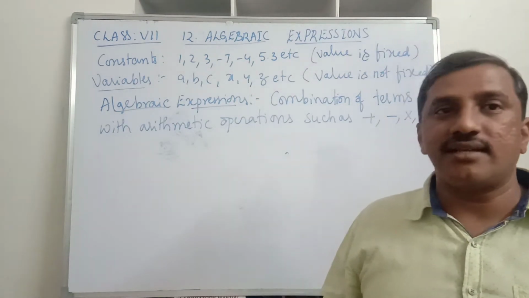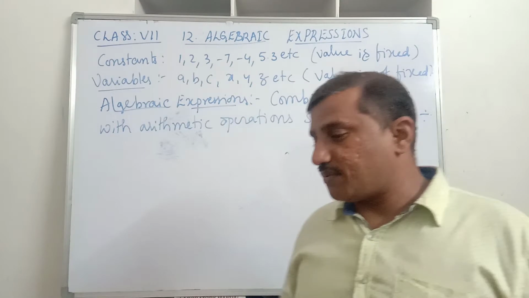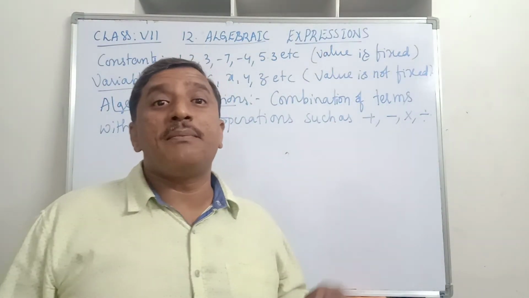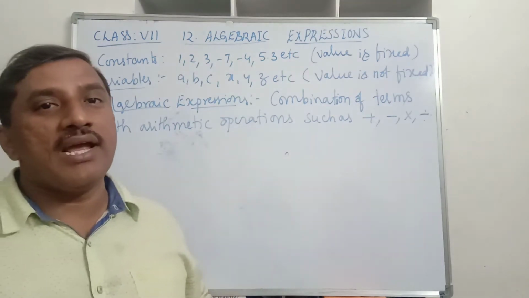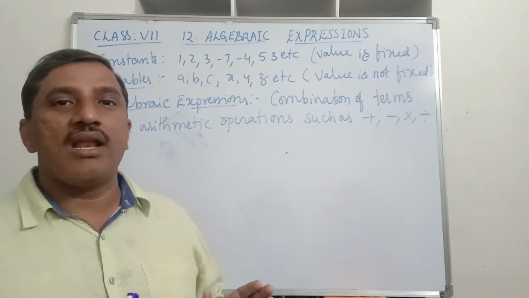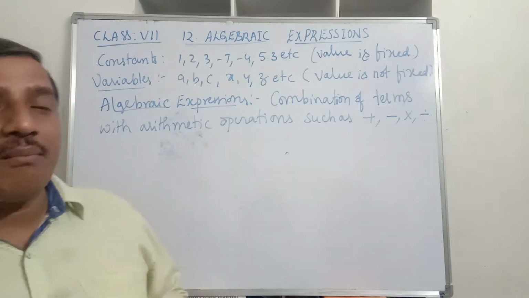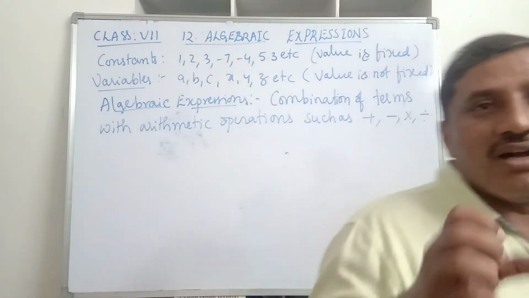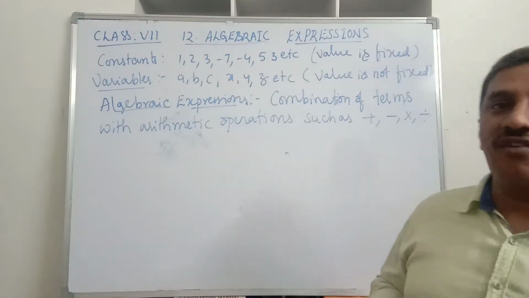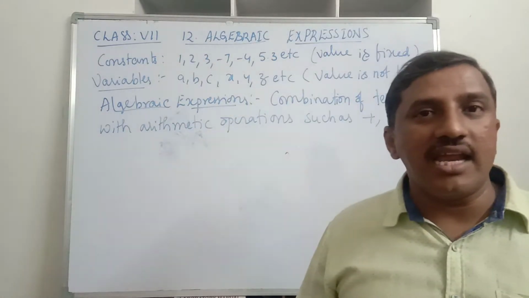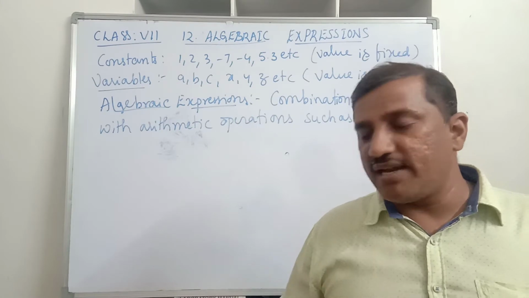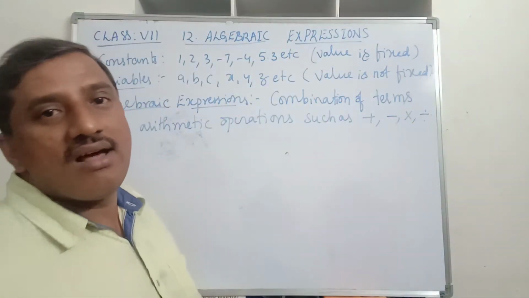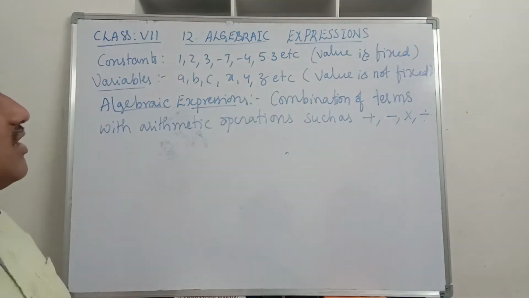The next topic is the classification of algebraic expressions based on the number of terms, like monomial, binomial, trinomial, quadrinomial, etc., and polynomials. After that, addition of algebraic expressions, subtraction of algebraic expressions, and finally finding the value of an algebraic expression, which will be the last concept of this chapter.